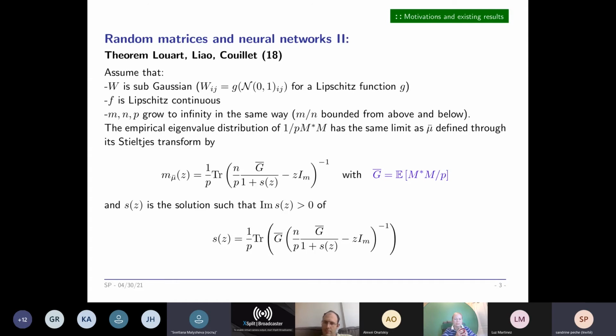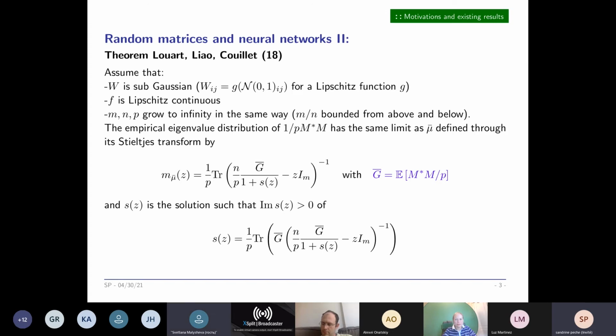So below here is a series of equations. So the Stieltjes transform of this distribution mu bar satisfies a fixed point equation, okay, which is also on the last line. And there are just a few facts about this limiting distribution.